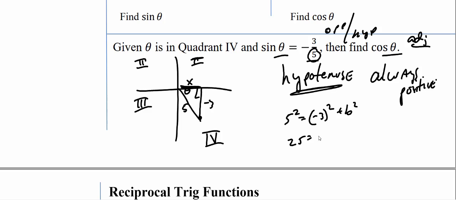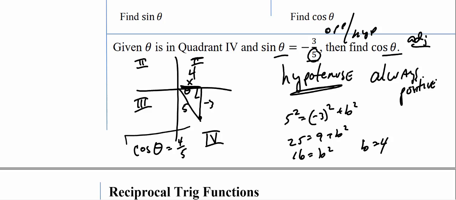So 25 equals 9 plus b squared. B squared is equal to 16. Therefore, b is equal to 4. So this value is actually 4. So now the cosine of theta is equal to 4 over 5, because 4 is positive, 5 is always positive, and therefore I get that.